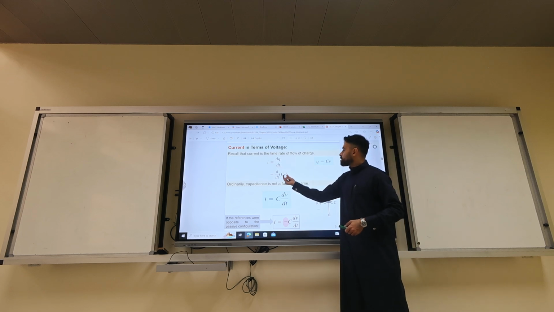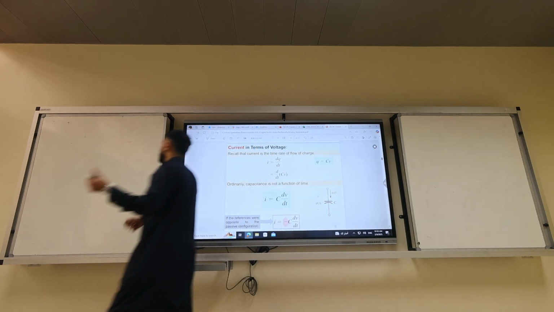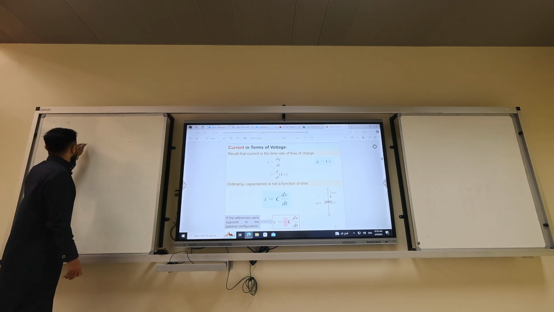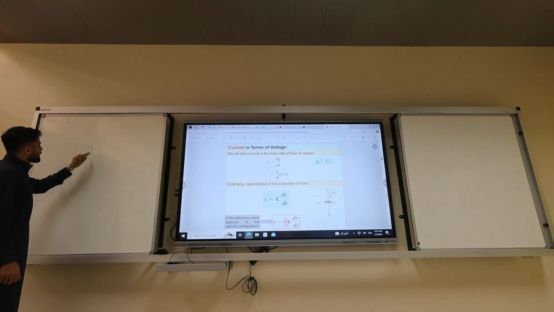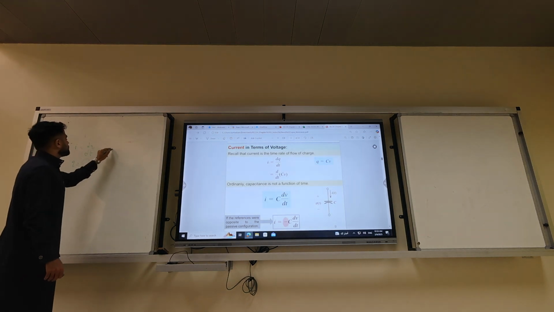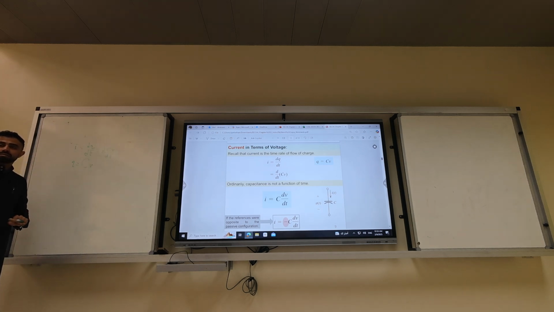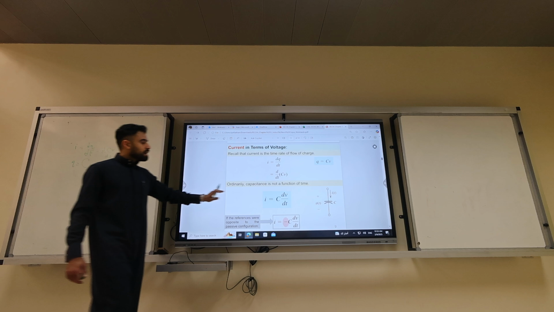So what if we substitute Q equals CV in the same equation? You remember, we told you before, chapter 1, maybe the first question in the test, I equals dq/dt, right? But Q equals CV, so it's d(CV)/dt. C is constant, right? So take it out of the derivative. So C times dV/dt.